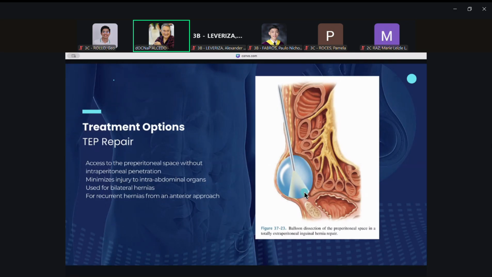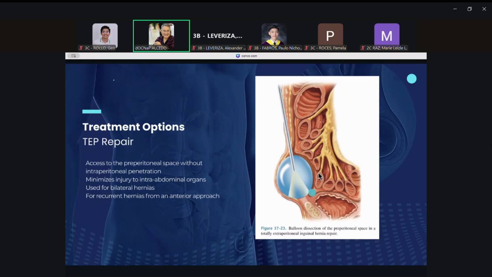And then, of course, the technique is the same as your TAPP repair, except that you do this without entering the abdominal cavity. Sa TAPP kasi, papasok ka dito sa loob and then you incise the visceral peritoneum here to gain access to this area. Sa TEP naman, you don't have to incise na here kasi you're in the extraperitoneal space to start with, no?